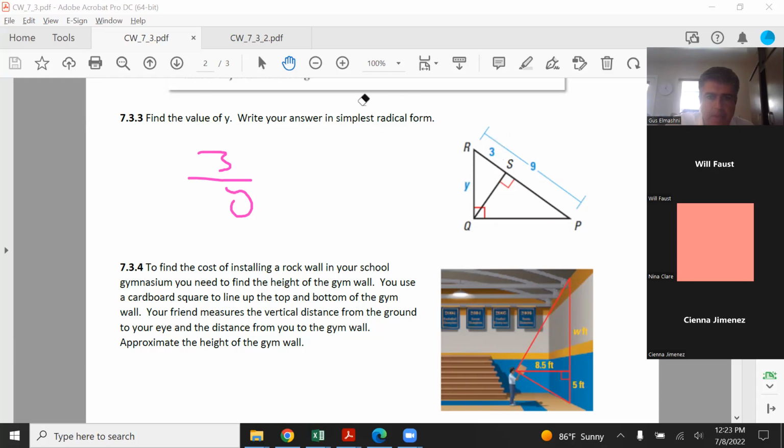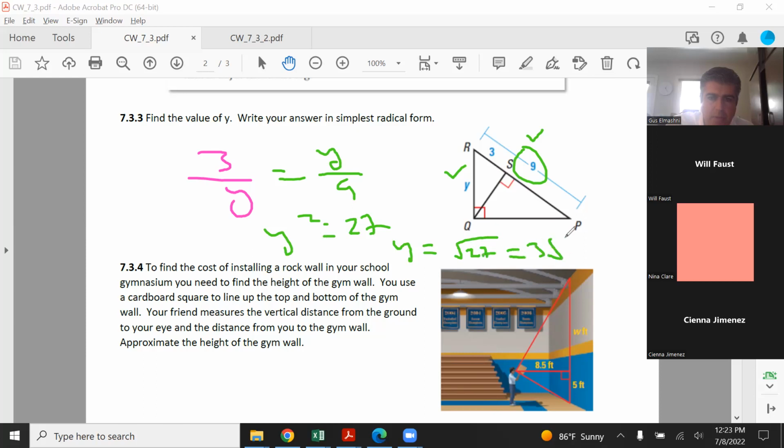And then leg, now y is a leg, to that hypotenuse. Y squared is 27, y is root 27, or 3 root 3.